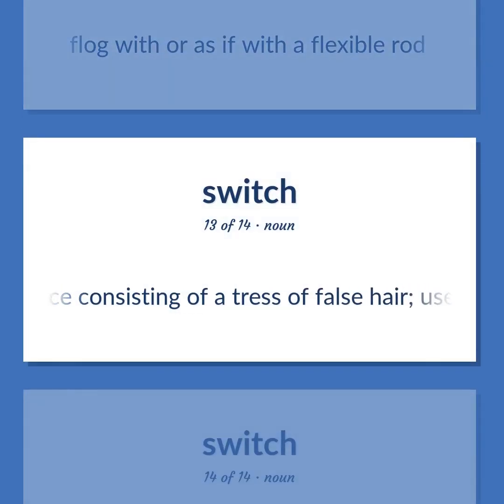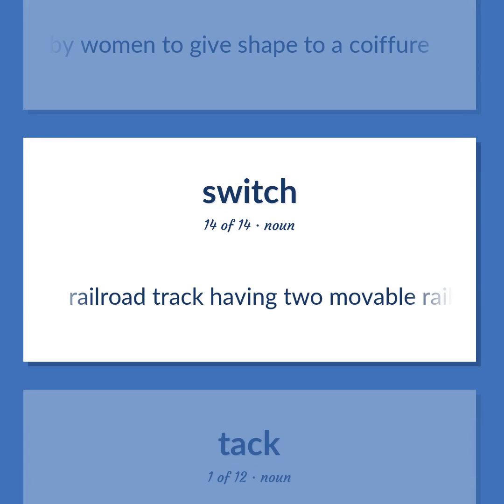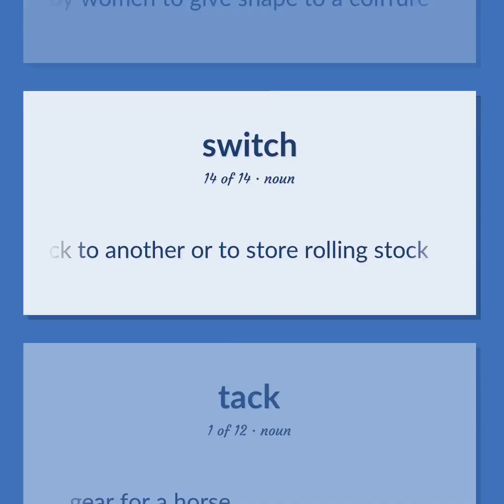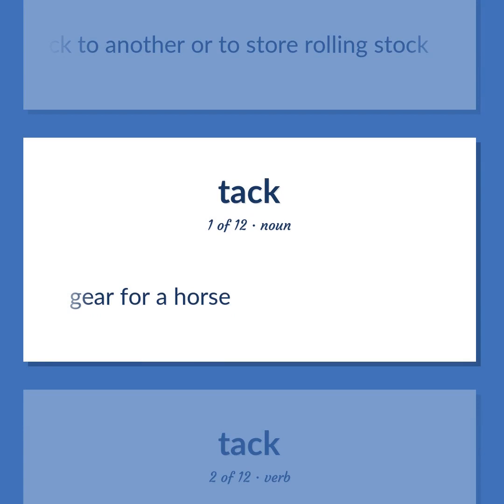Hairpiece consisting of a tress of false hair, used by women to give shape to a coiffure. Railroad track having two movable rails and necessary connections, used to turn a train from one track to another or to store rolling stock. Gear for a horse.